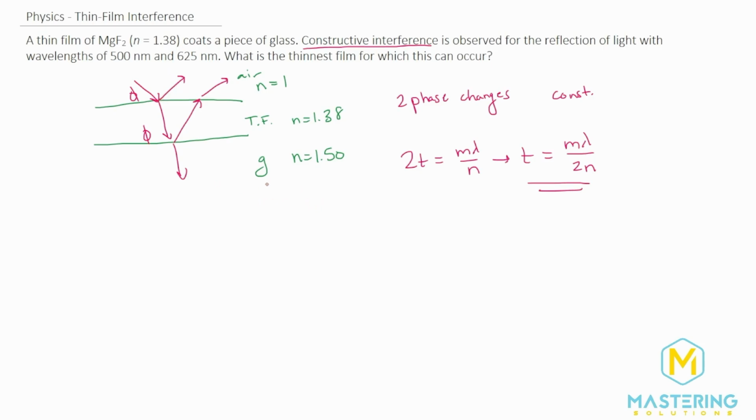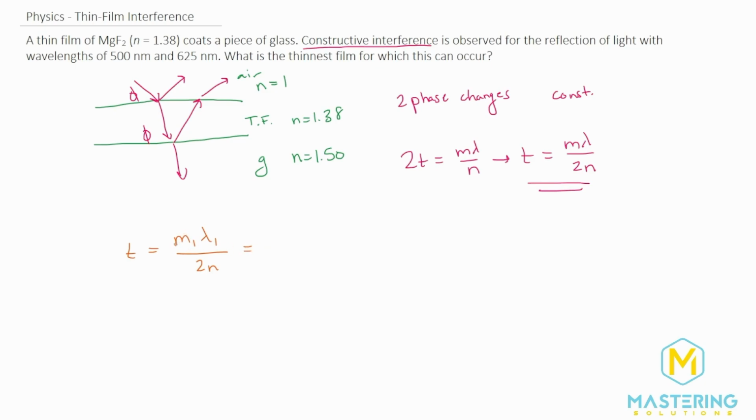What we have to do is they say there's two wavelengths, and for both of those, we get constructive interference. And so for t, we're going to have the two wavelengths, m1 lambda 1 over 2n. Now, I don't mean the first order m for this. I'm just saying m1 so we can tell them apart.